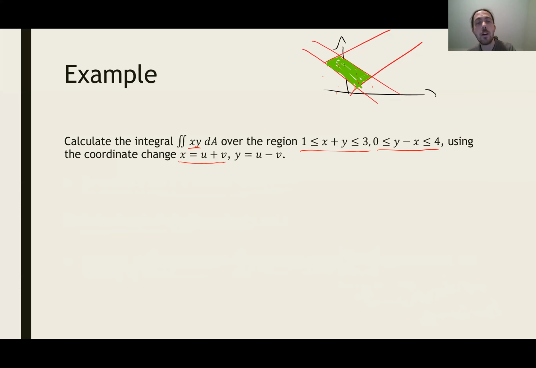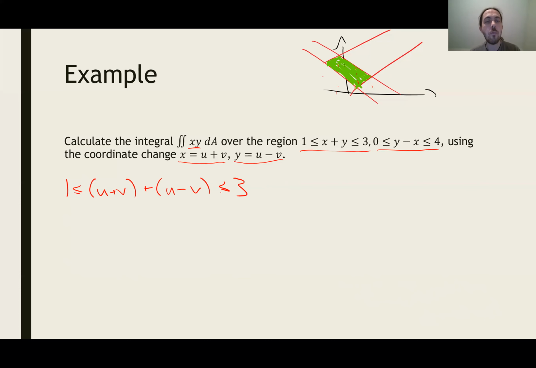So we've already got x is u plus v and y is u minus v. So that's step 1. We know how to express our old coordinates in terms of our new ones. The second is we want to figure out what happens to these limits of integration. It used to be 1 is less than or equal to x plus y is less than or equal to 3, but let's substitute in x is u plus v and y is u minus v.